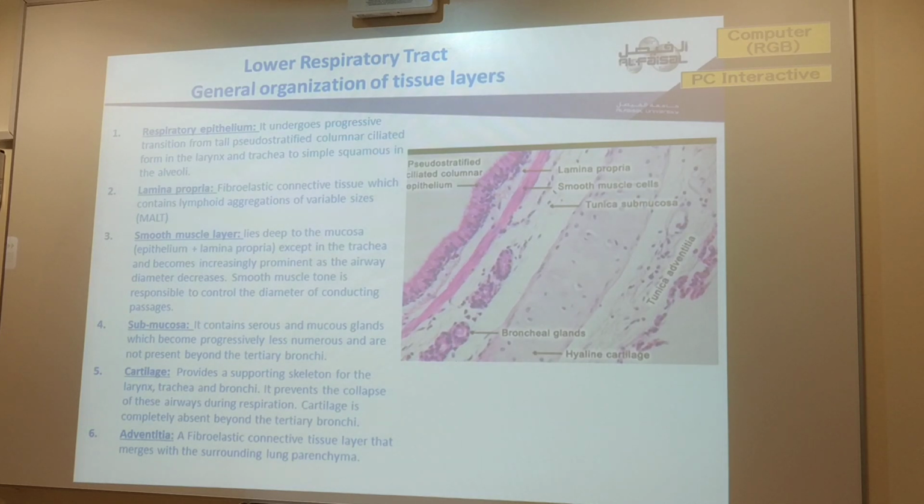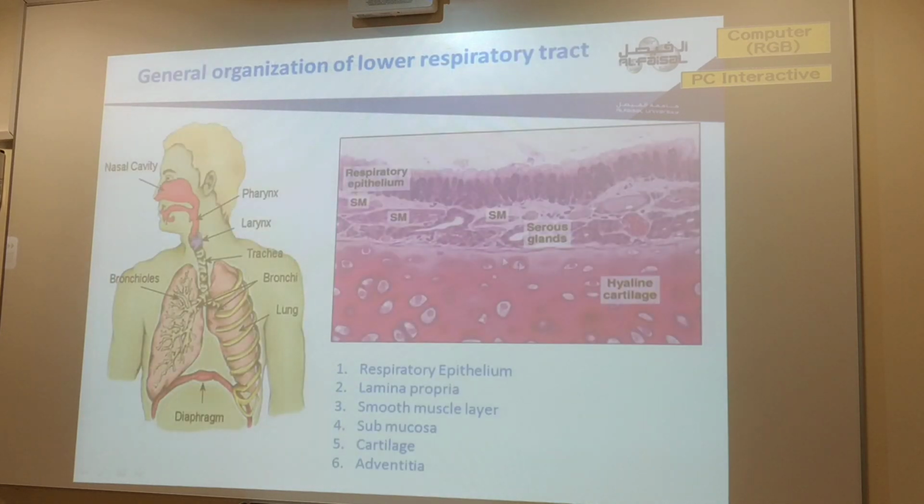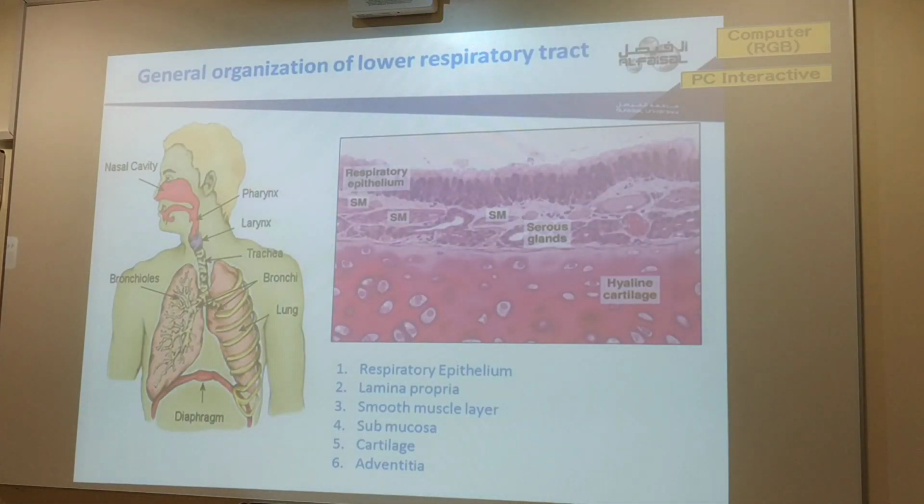One thing which is important: in which layer were glands present in the upper respiratory tract? In the lamina propria. In which layer are glands present in the lower respiratory tract? This is the point, something which sometimes I feel you are missing while you are studying. Do not only memorize.